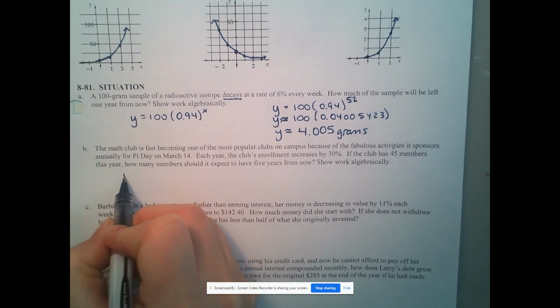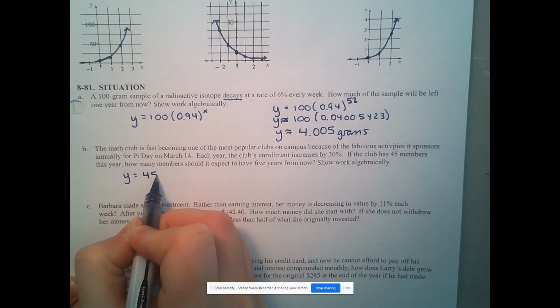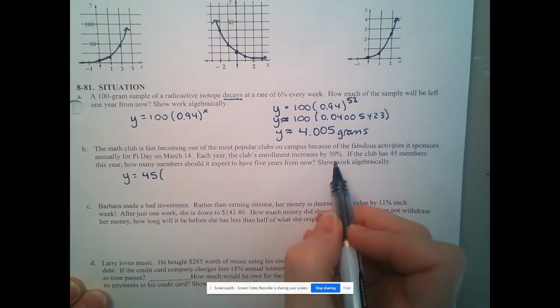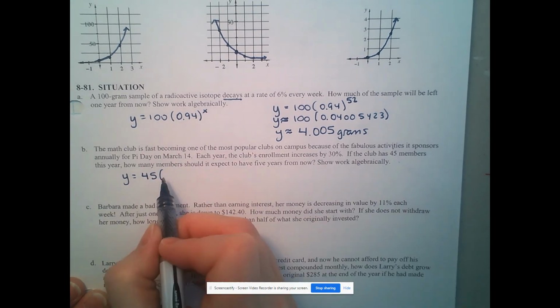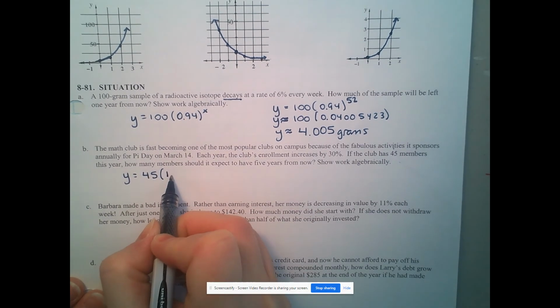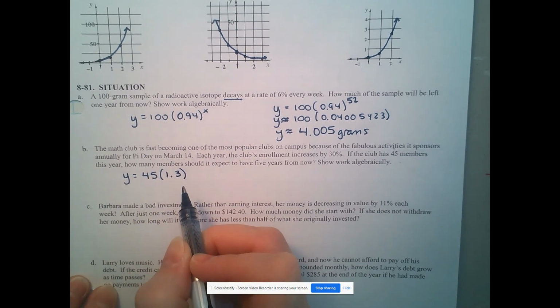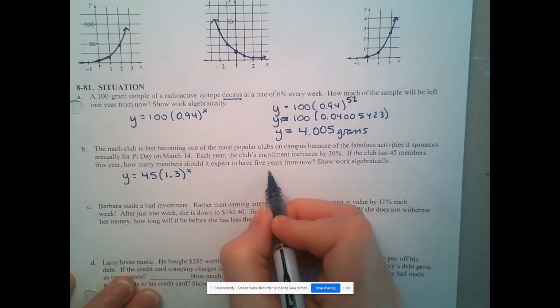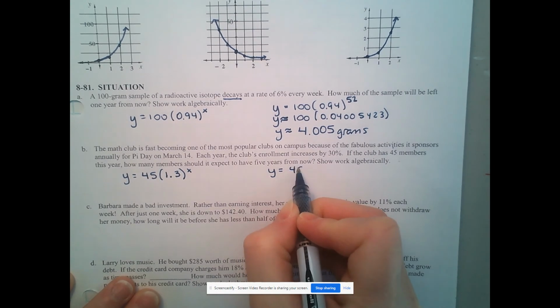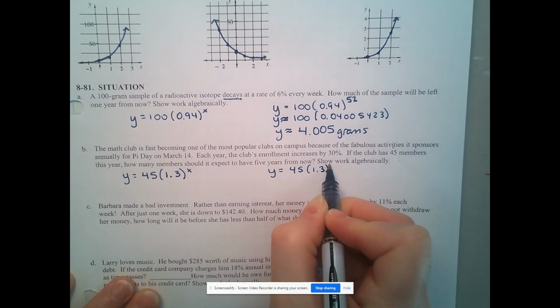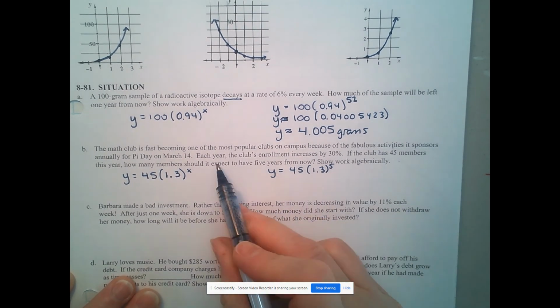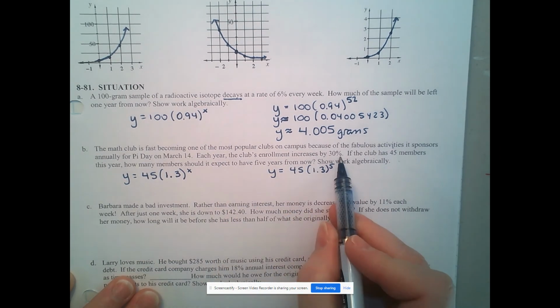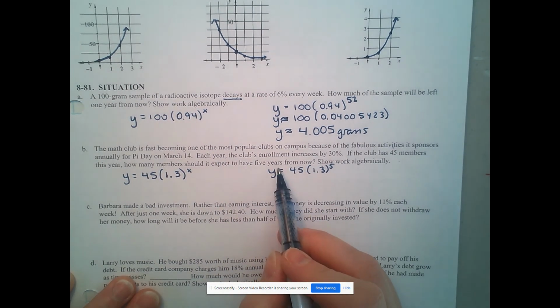So our initial value of members is 45, referring to this year. It increases by 30%, meaning an increase always starts with 1 point, and 30% would be 0.3, to the x, because it's percentages, it's repeated multiplication. If we want 5 years from now, that means that our x value is 5, because each year the enrollment increases by 30%, and we want to know 5 years from now, so that's an easy one.